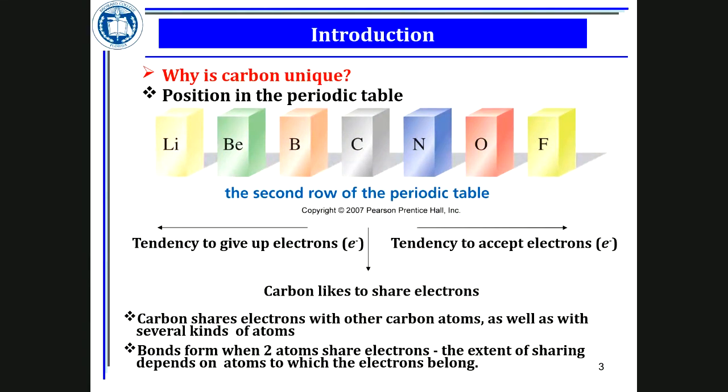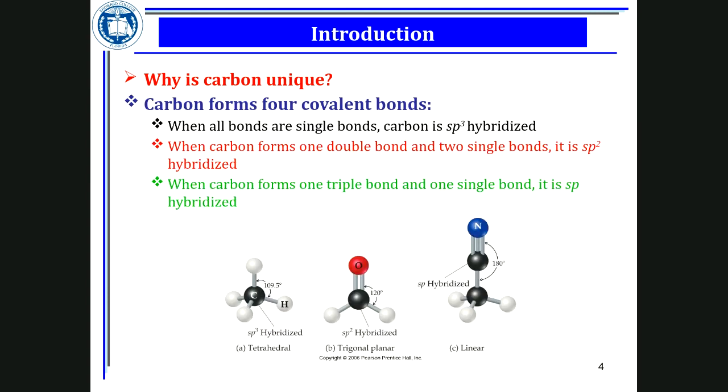If carbon is in level 2, how many orbitals do you have in level 2? In level 2, you have only s and p orbitals. How many electrons go into the s orbital? Keep your chat open, just put the answer in. Very good. And how many electrons do you have in the p orbitals?